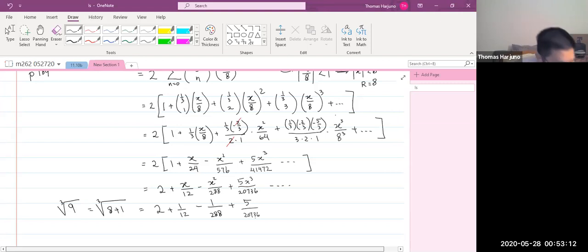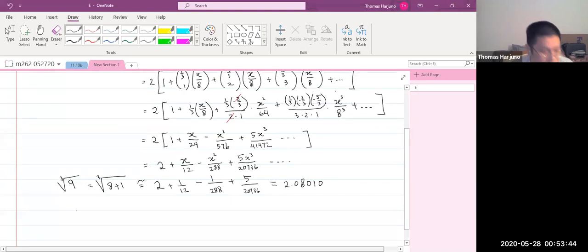If I use my calculator, 2 plus 1 over 12 minus 1 over 288 plus 5 over 20,736. This is an approximation because I stop at the third term. I get 2.08010.